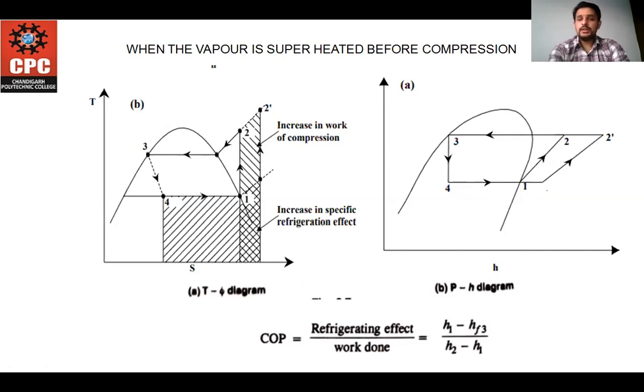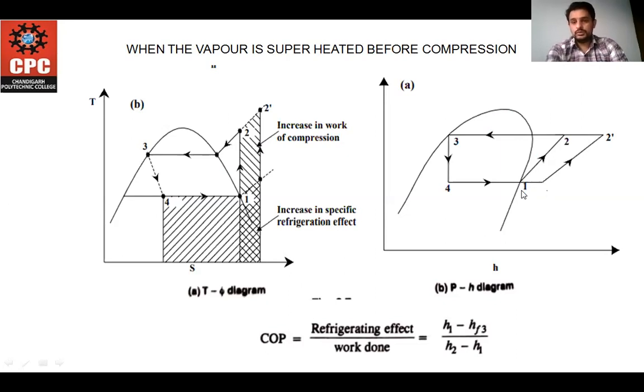The pH diagram is 1, 2, 3, and 4. This is the pH diagram of vapor compression. But if the vapors are superheated before the compression, point 1 will drift toward the right and will start from here.